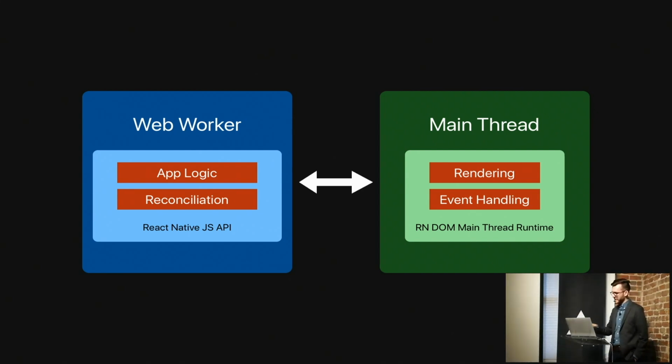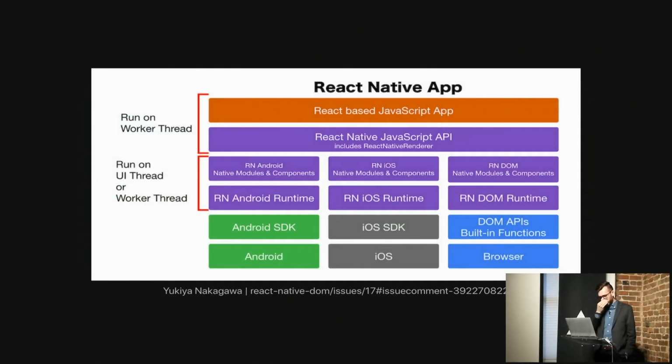Recently, in React Native DOM's issues, there was a big discussion about people asking why, just why. I didn't actually contribute to the conversation because I felt like I should stay out of that, but there was a great response, and someone created this diagram, which is a little bit deeper.